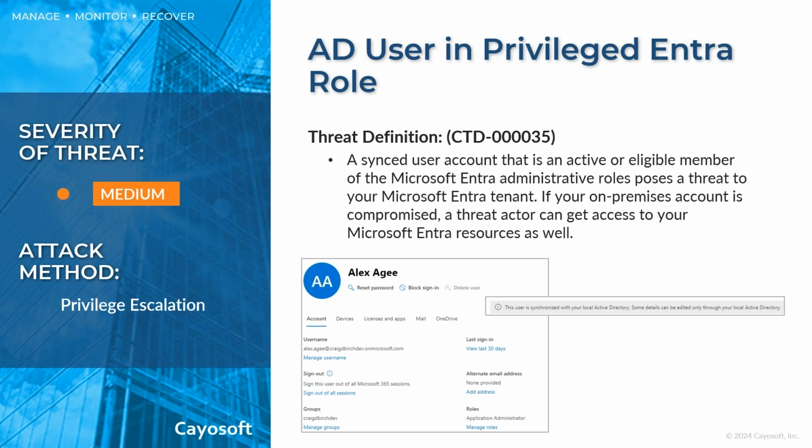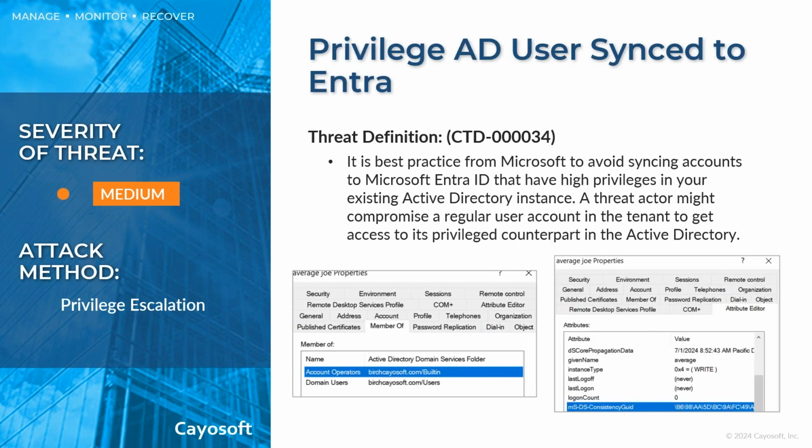Let's look at the inverse of this. That would be a privileged AD user starting on-prem, synced to Entra. So now I have an account inside of my Active Directory that is considered a privileged user, and it is synced to Entra ID. And now again, I have given the attacker two control planes that they can go after.